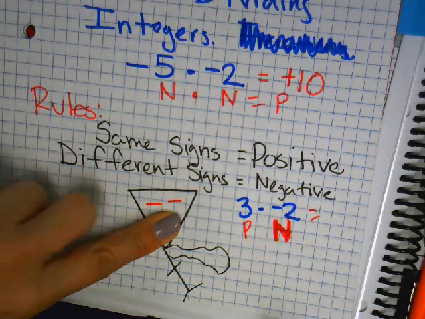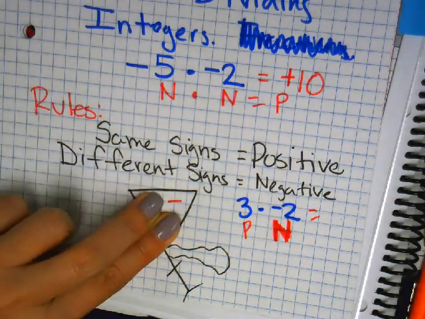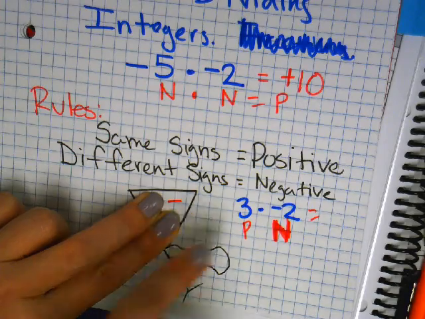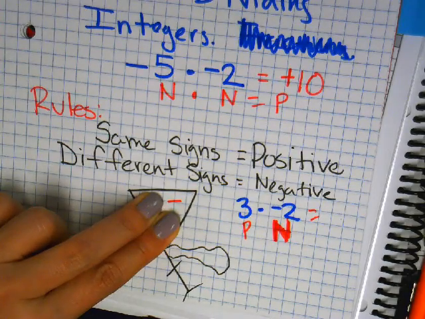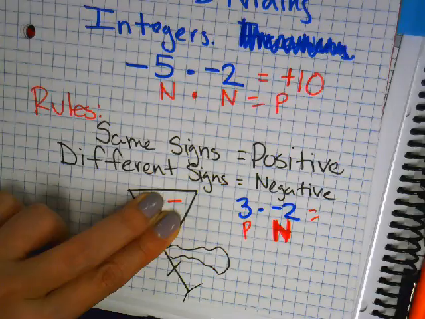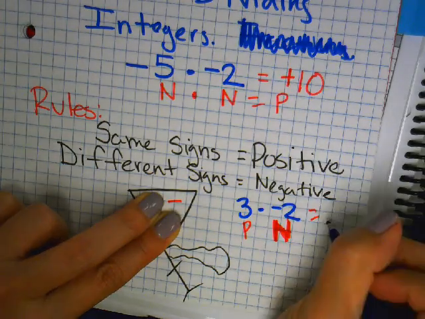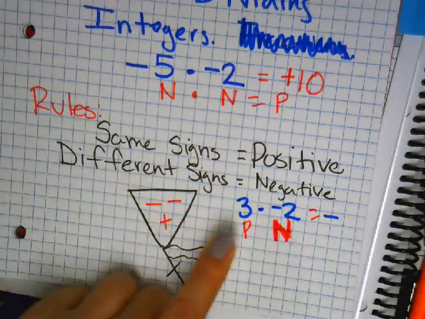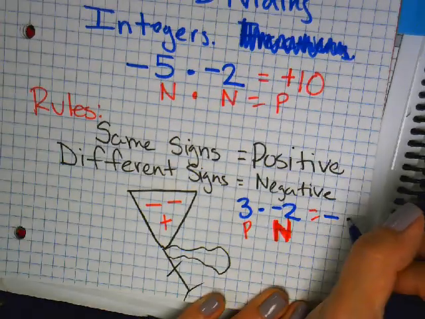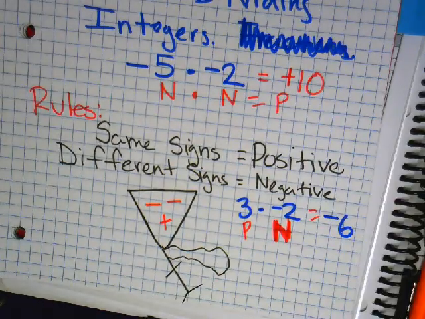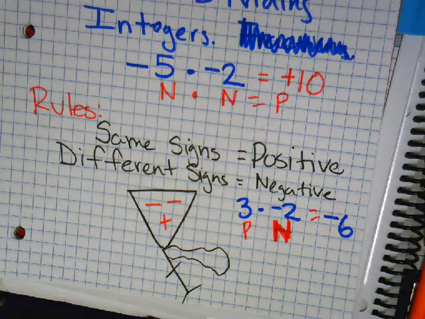Negative, I cover up the negative. What did I not cover up? Negative. So, therefore, my answer is going to be negative. And then 3 times 2? 6. So, negative 6. Okay?